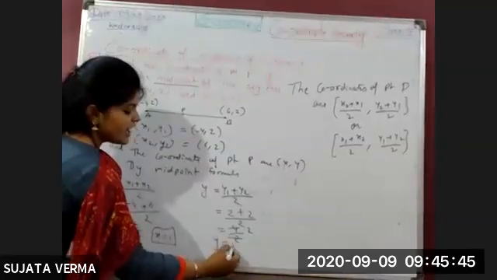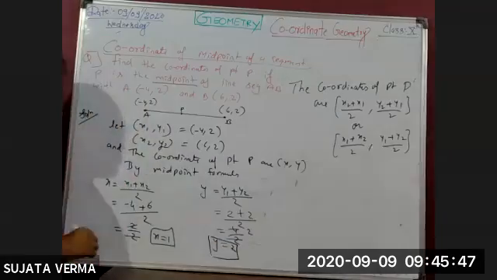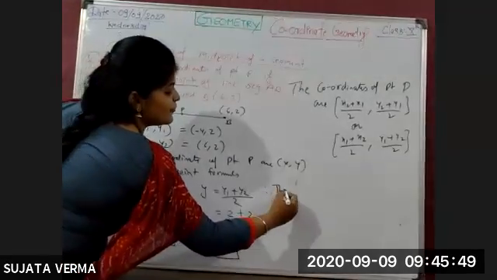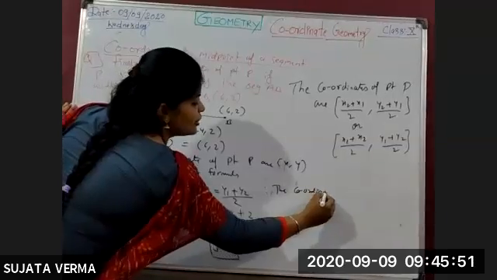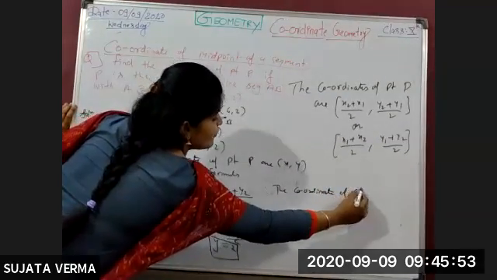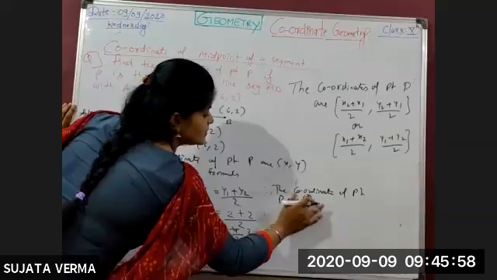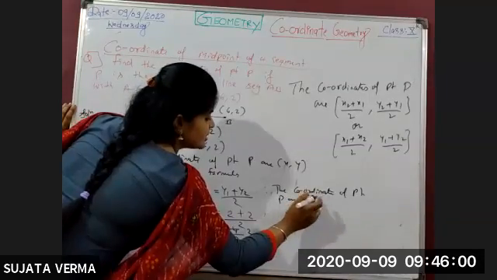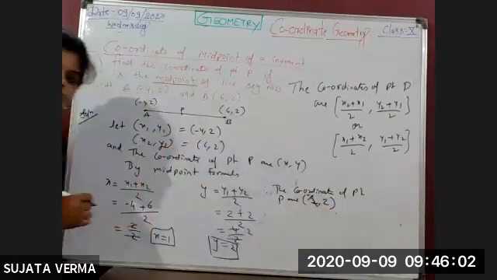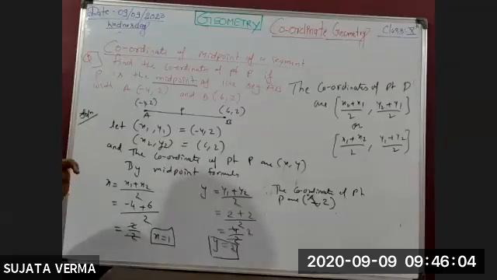So y is equal to 2. So finally we write, therefore, the coordinates of point P are 1, 2. Okay, simple.